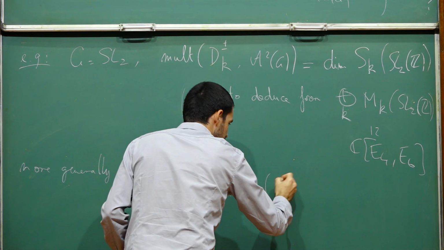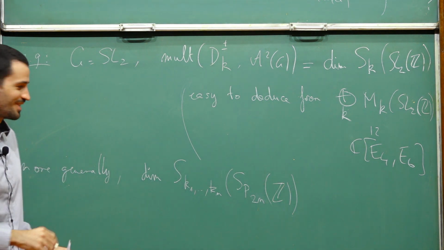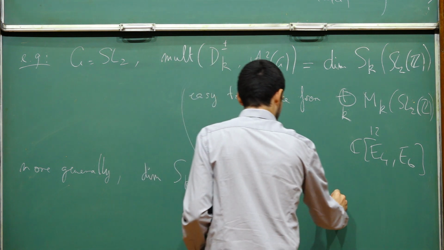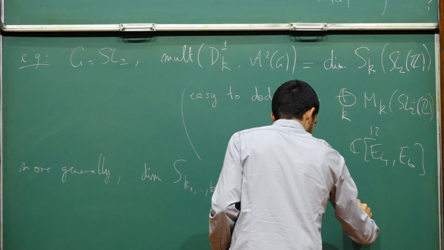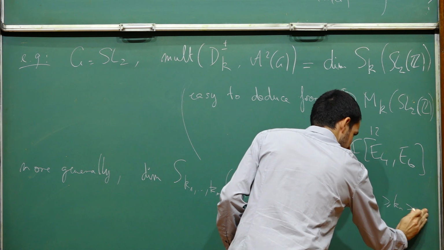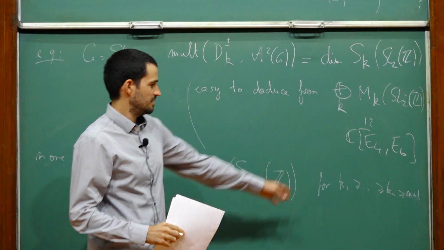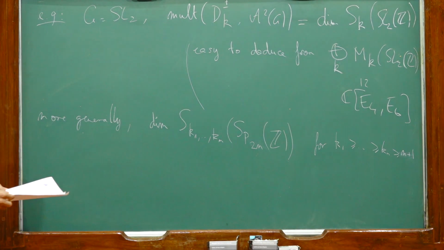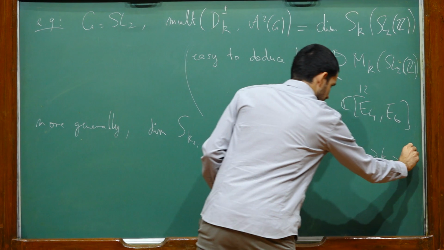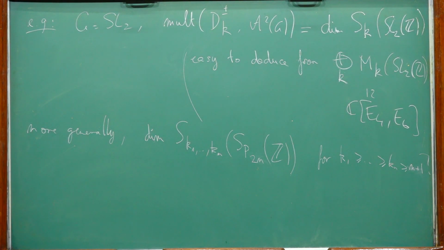So my SP2n is what some people denote by SPn. And the thing corresponding to discrete series is this inequality on the k's. Those are weak inequalities on the k's?